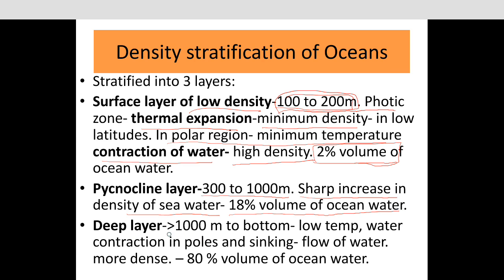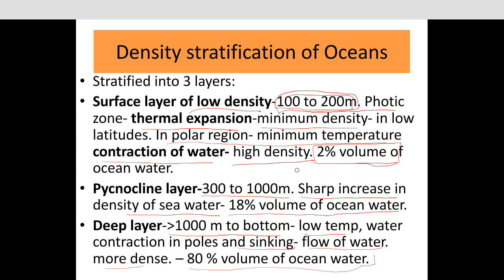Whereas in the deep layer, which is more than 1000 meters to the bottom, temperature is low, and water contraction in the poles leads to sinking of water. The sinking water leads to flow of water, which is also called water currents. This region is more dense, and its volume is about 80% of the volume of ocean water.